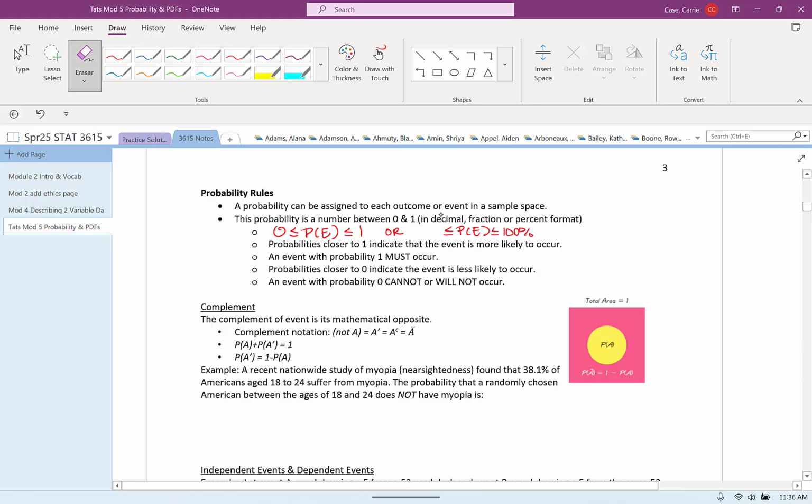So we can use decimal, fraction, or percent form. Probabilities closer to 1 indicate that the event is more likely to occur. An event with probability 1 must occur. Probabilities closer to 0 indicate that the event is less likely to occur. An event with probability 0 cannot or will not occur.